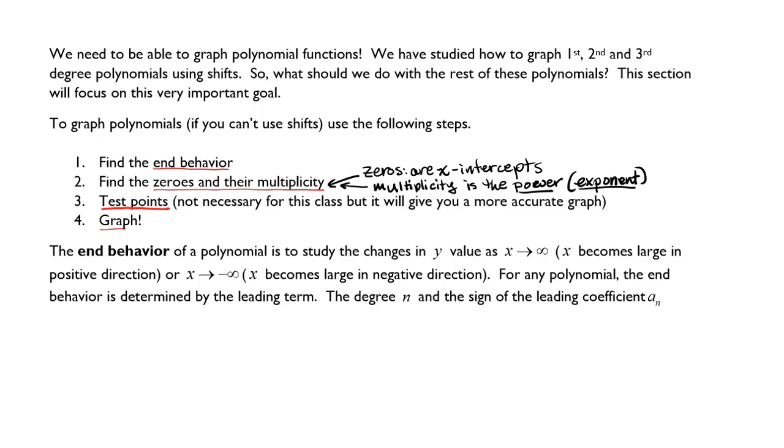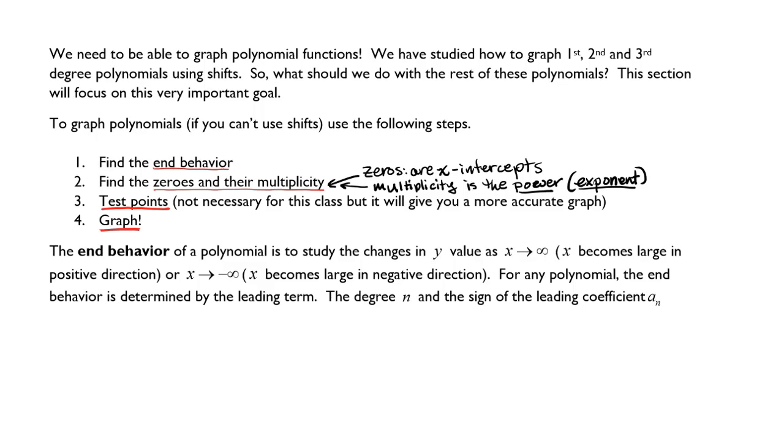Let's start with the end behavior of a polynomial. The end behavior of a polynomial is to study the changes in y values as x approaches infinity. This means when x becomes large in the positive direction, or x approaches negative infinity, x becomes large in the negative direction.